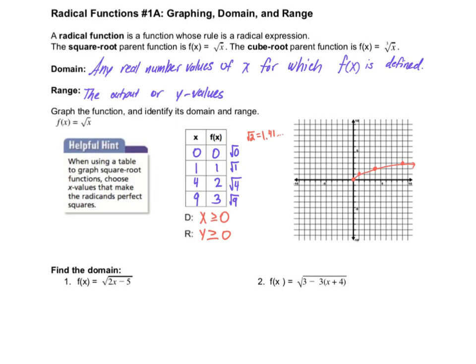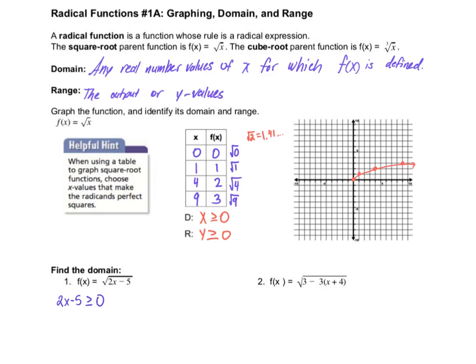Now let's find the domain. We know that we cannot square root a negative number. So whatever we are square rooting, in this case the 2x minus 5, can't be negative. So that has to be greater than or equal to 0. If we solve this for x, that'll tell us that value.